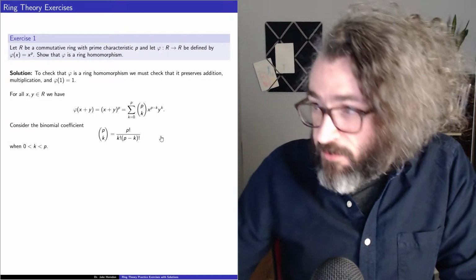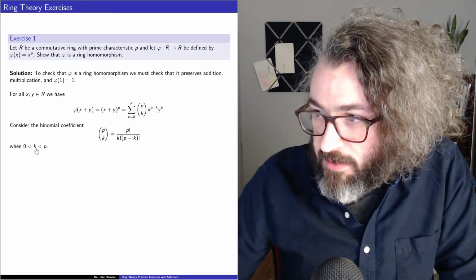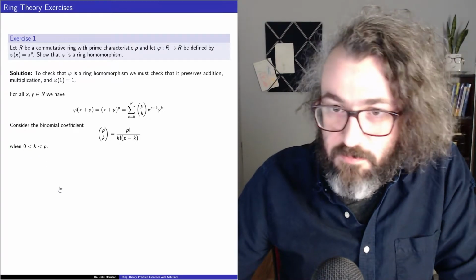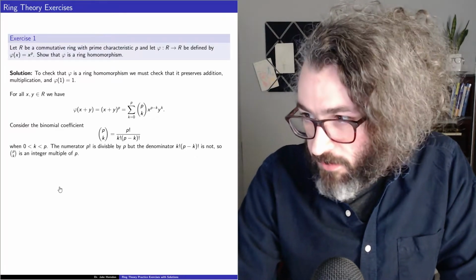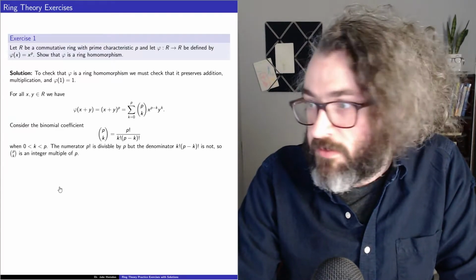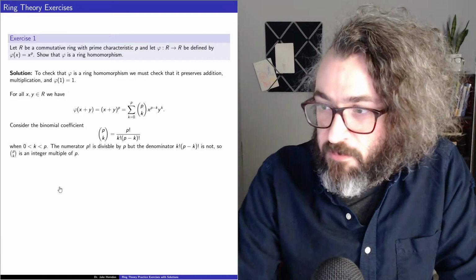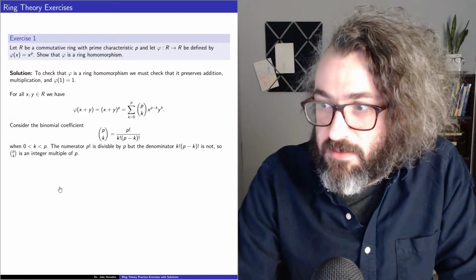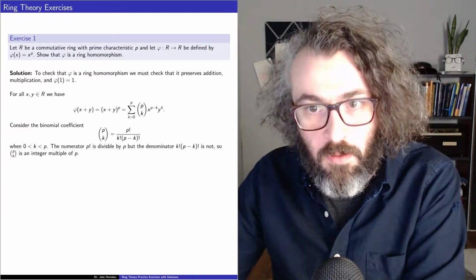So consider the binomial coefficients in the special case where k is strictly between 0 and p. So in that case, the numerator is divisible by p, but the denominator is not divisible by p. And so that means that p choose k is an integer multiple of p.